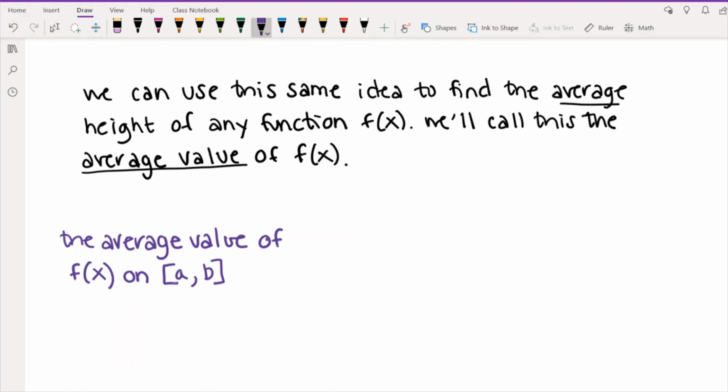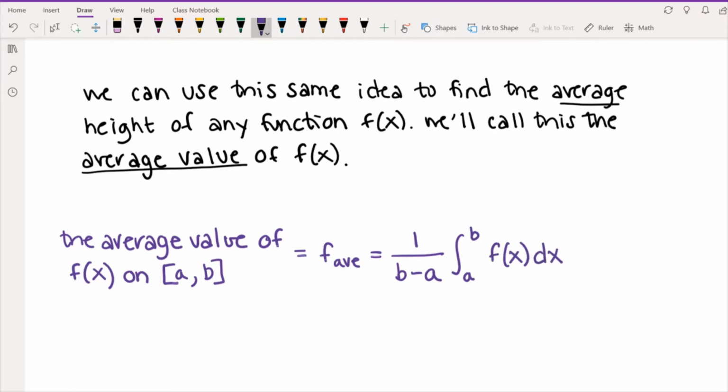You can't really do a calculation like this. The abbreviation that we'll use for this is f with a little subscript that says AVE. I always feel funny when I write this down because it looks like fave, but it's just f average. And the formula is 1 over b minus a times the integral from a to b of f of x dx.